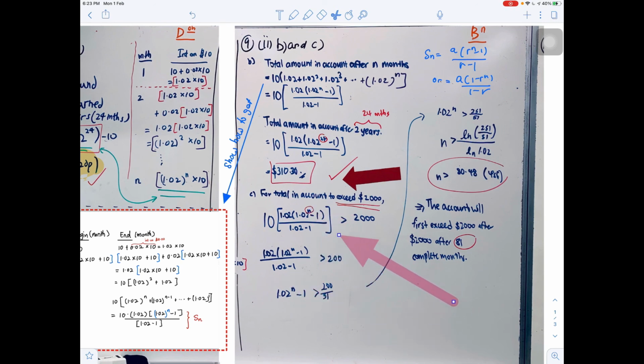Solving the inequality, when you reach here, you apply ln. The sign stays the same, because ln 1.02 is a positive number, so you realize n is bigger than 80.48. Therefore we can conclude the account will first exceed $2,000 after 81 complete months, from this inequality.